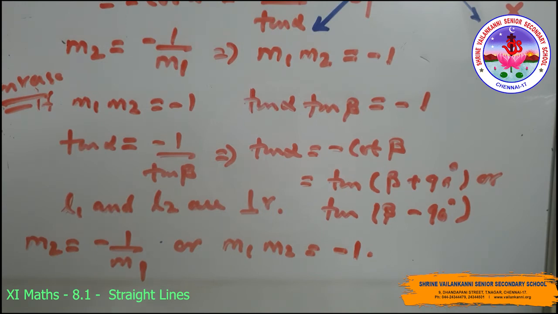Condition for parallel and perpendicular: two non-vertical lines L1 and L2 are parallel if and only if the slopes are equal, and two non-vertical lines are perpendicular if and only if the product of slopes is equal to minus 1, or the slopes are negative reciprocals of each other.